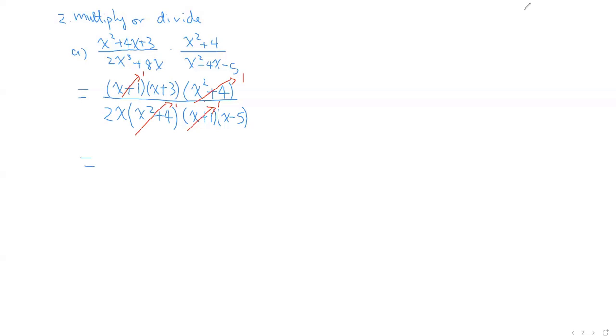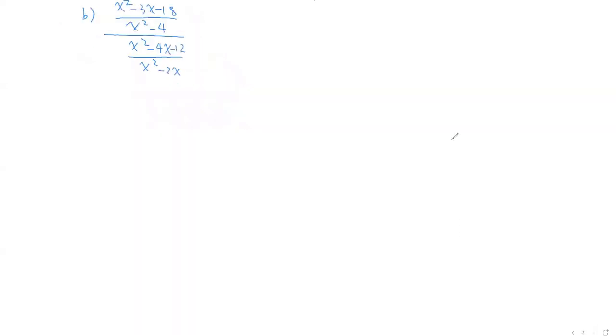So now we have x plus 3 all over 2x times x minus 5. Leave your answer in factored form. Don't multiply out 2x. Don't distribute 2x over x minus 5. We just factor and cancel common factors.